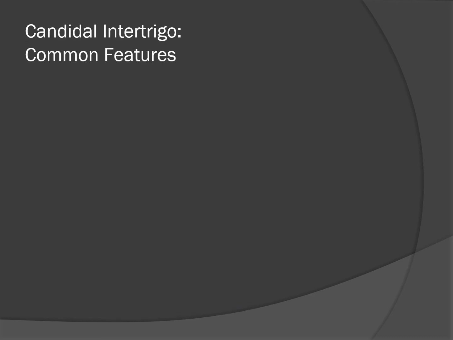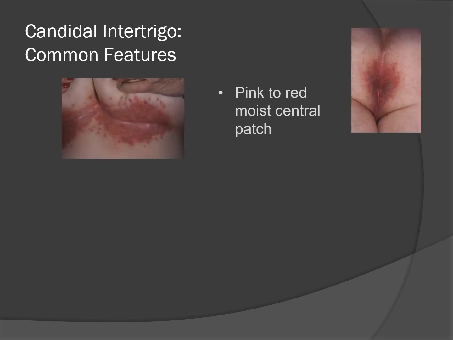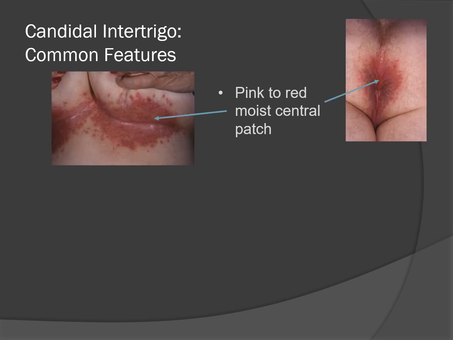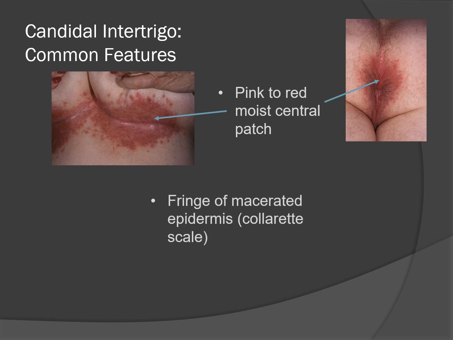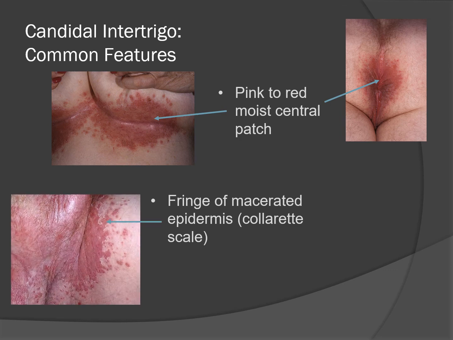But whichever intertriginous area is affected by Candidal intertrigo, there are features that we will commonly see, namely a pink to red moist central patch, such as you see here, and at the periphery of that pink to red moist central patch, you will see a fringe of macerated epidermis known as the collarette scale, as you can see here.